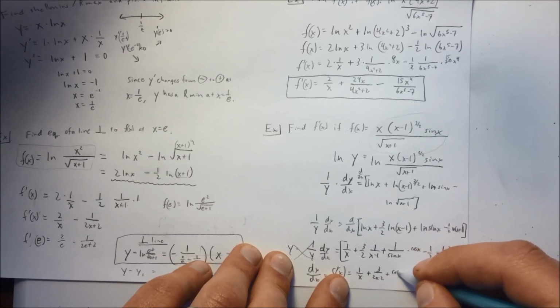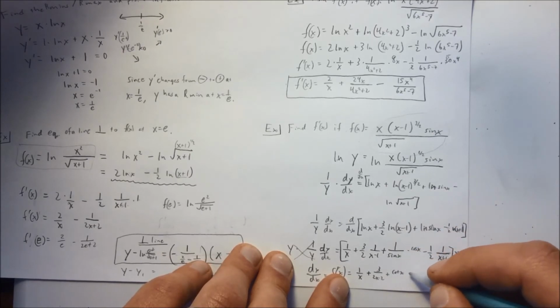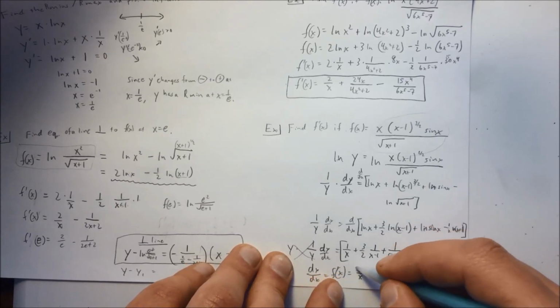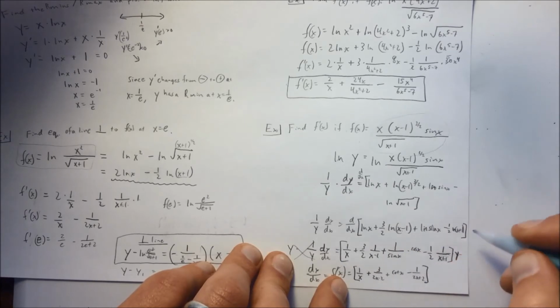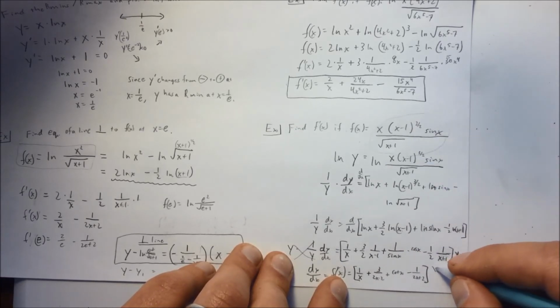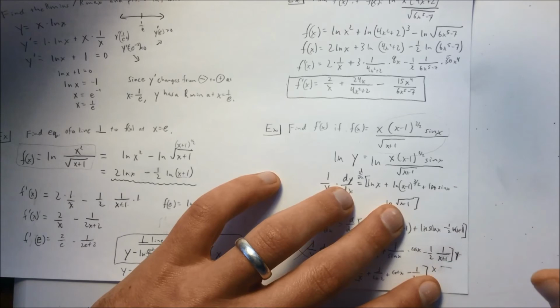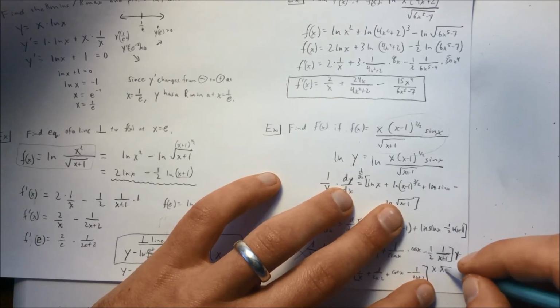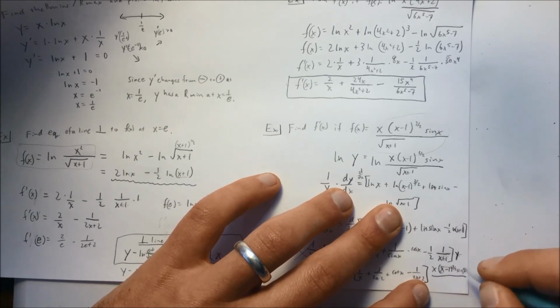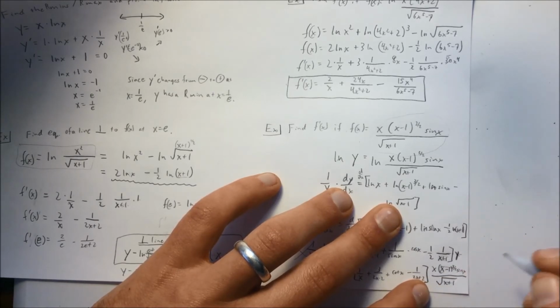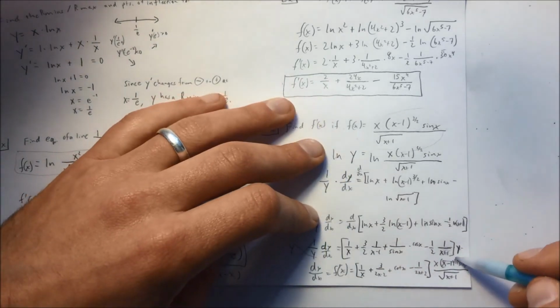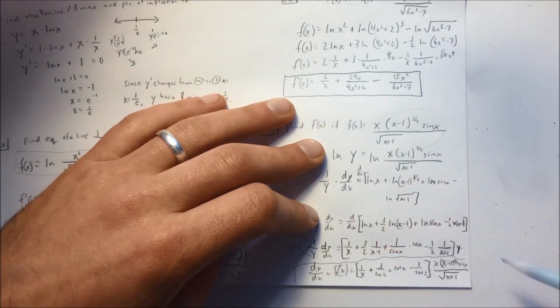Cosine over sine would be cotangent of x, minus 1 over 2x plus 2, times the original function. And that's our answer right there.